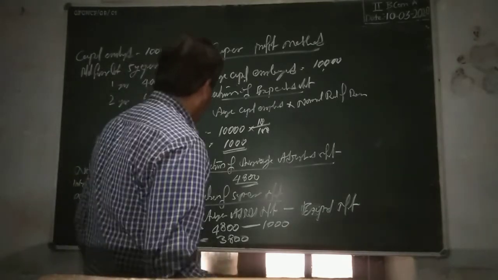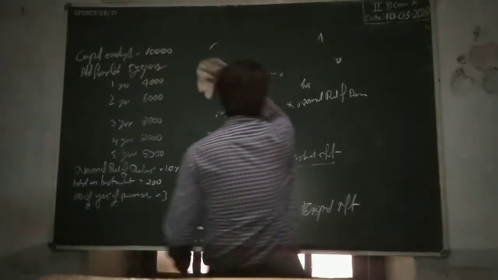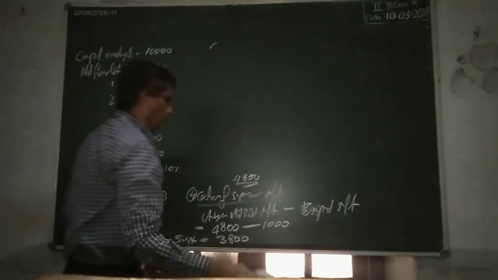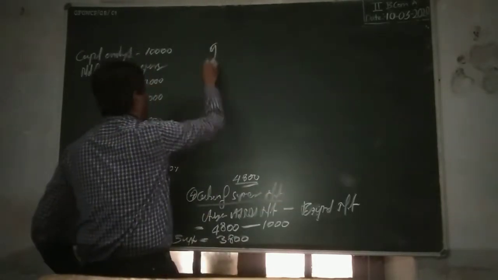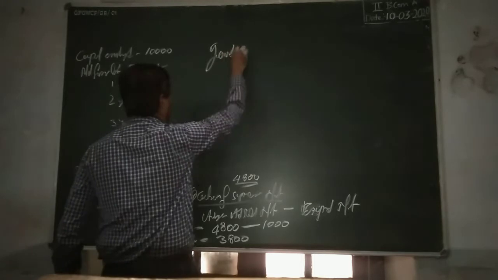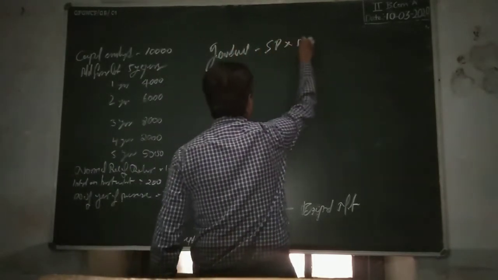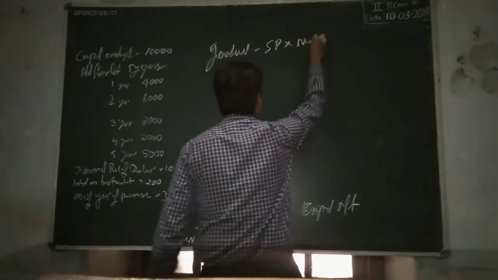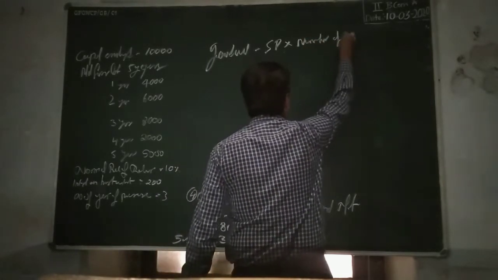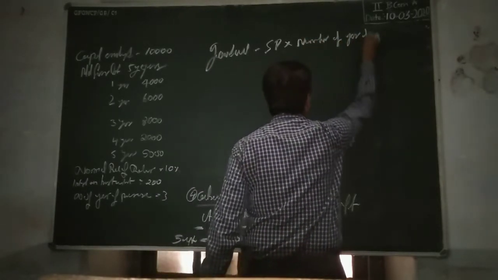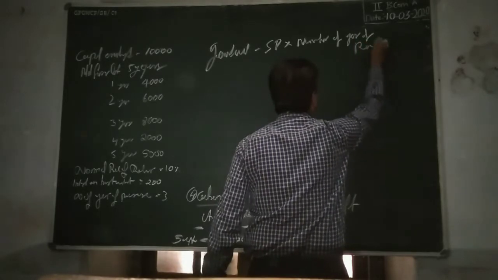Now, next we are supposed to find out what should be the goodwill under the super profit method. Goodwill is equal to super profit into number of years of purchase.